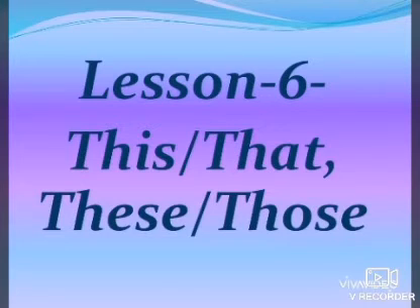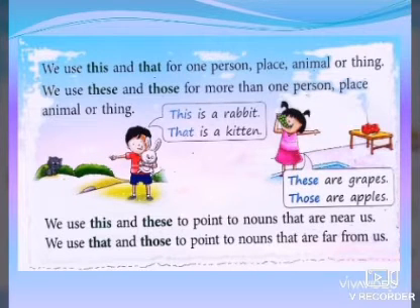English grammar lesson number 6: this, that, these, those. So students, let's get started. We use this and that for one person, place, animal or thing.